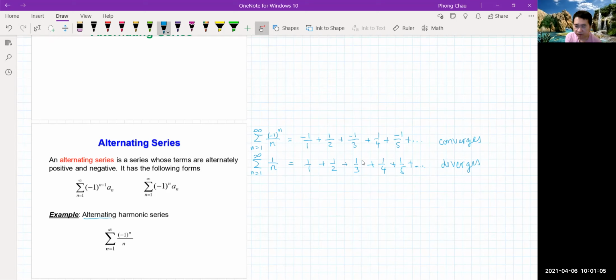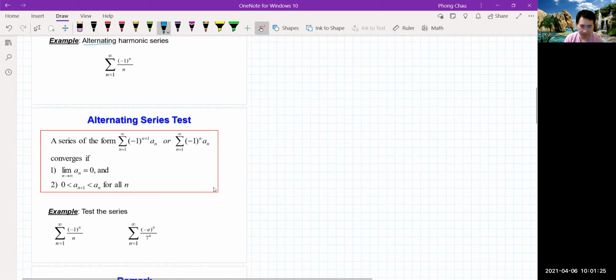Moreover, it's getting closer and closer to 0. As n gets bigger and bigger, this is going to approach 0. If these two conditions are met, then the series must converge. This is what we call the alternating series test.